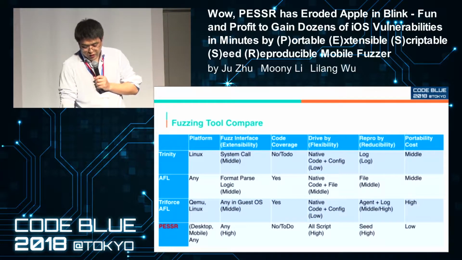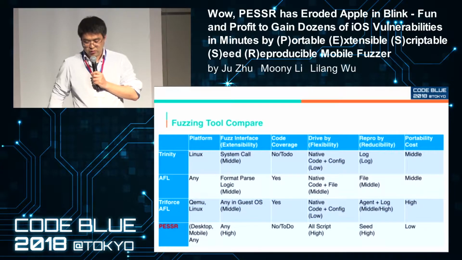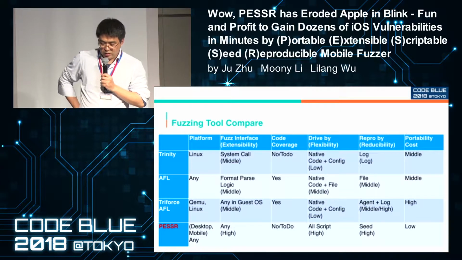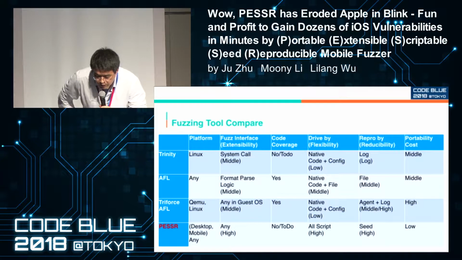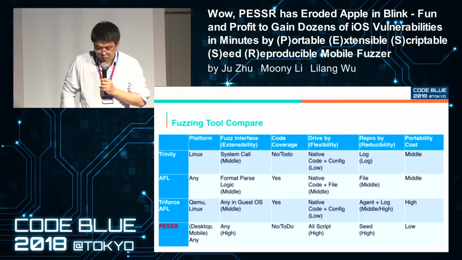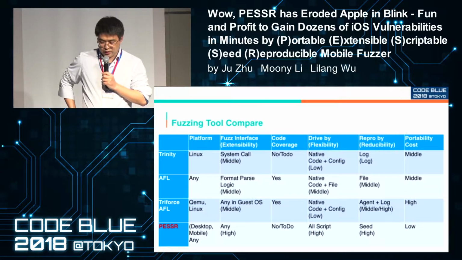As we know, Trinity is a typical old-fashioned system call fuzzer with different variations. Researchers configure the system call format, for example, the parameter type or the return type, and it records and serializes every log of API context before calling it.